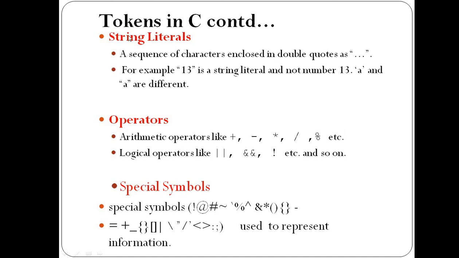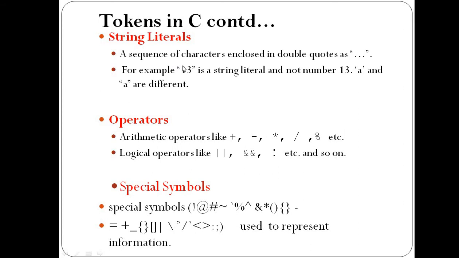So what is the technical definition of a string? A string is nothing but a collection of characters or digits enclosed in double quotation marks. This symbol is represented as double quotation marks. For example, if we represent the number 13 in double quotation marks, it is called a string literal.